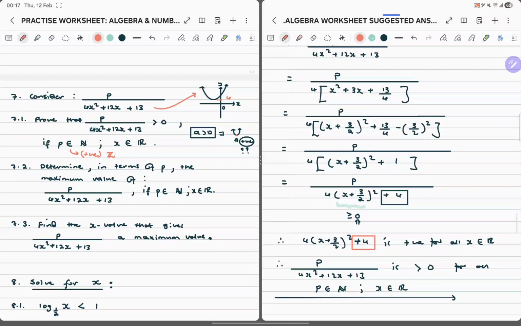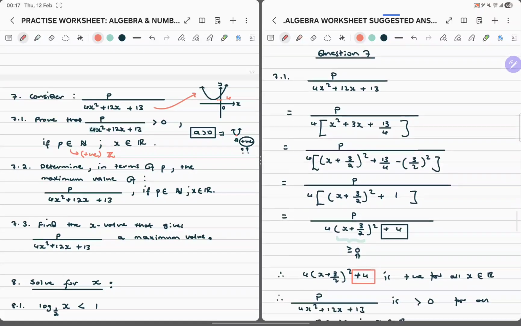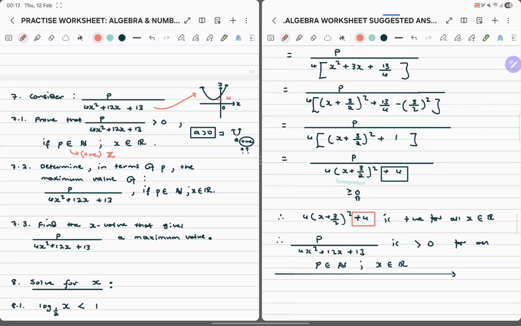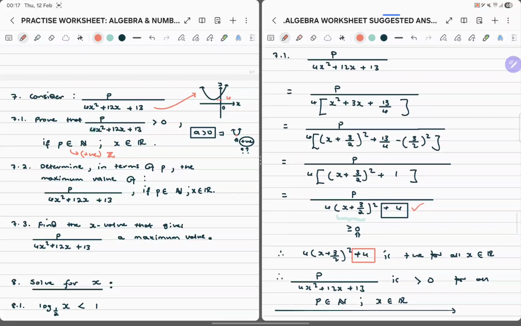So let's see how many marks we're going to get here. First and foremost, for writing this one in standard form or vertex form, this is a mark. Remember, you are told in grade 12 and 11 that completing the square is not technically examinable, they say, but in essence they're lying, because look at the questions that have needed this.